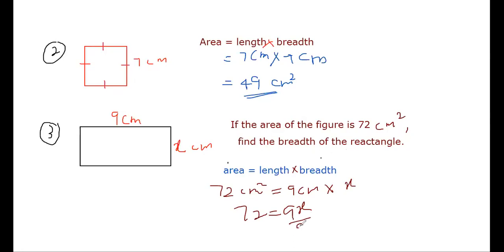You have to divide both sides by 9. Then x equals 72 divided by 9. The answer is 8 centimeters. X is a length, so when you write the length value, you have to write the unit, centimeters. Why is the area given in square centimeters in this question?